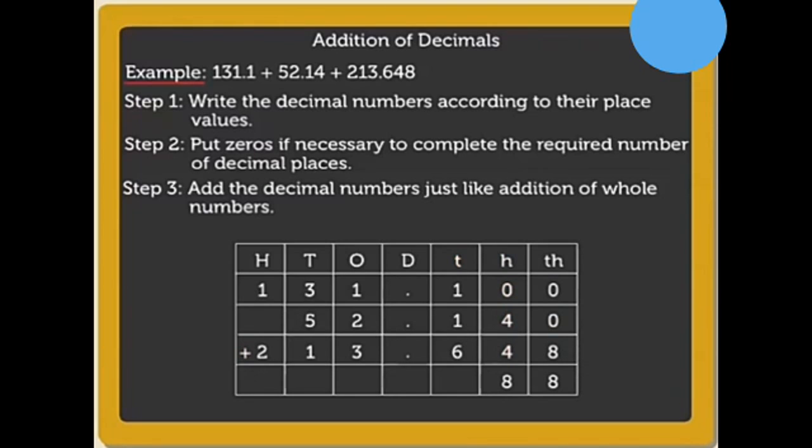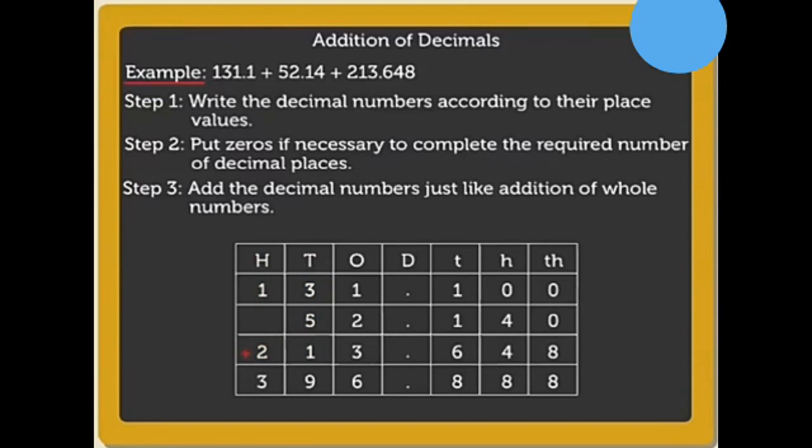That is 1 plus 6 is equal to 8. Then put a decimal point. Next, add 1 plus 2 plus 3 is equal to 6. Next, add tens. That is 3 plus 5 plus 1 is equal to 9. Last, add hundreds. That is 1 plus 2 is equal to 3.